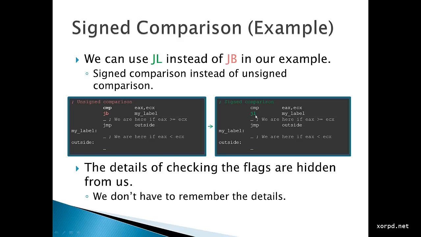It is pretty cool that the details of checking the flags are hidden from us. So we don't actually have to remember all the details about the overflow flag, the sign flag, and carry or zero flag. We can just change the instruction. In fact, many people don't really know how the jump below or jump less instructions work.